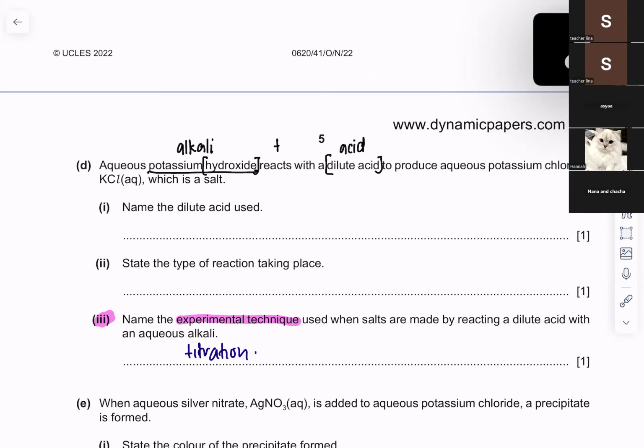Acid plus alkali, and then you get the salt plus water. So the salt is potassium chloride. Then they ask to state the type of reaction taking place. The type of reaction is neutralization.